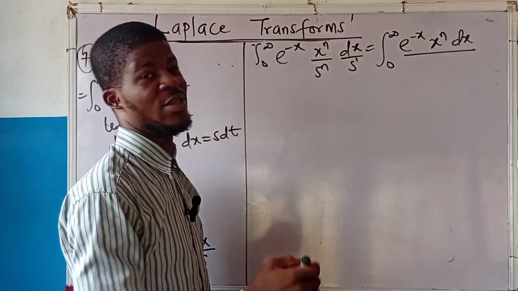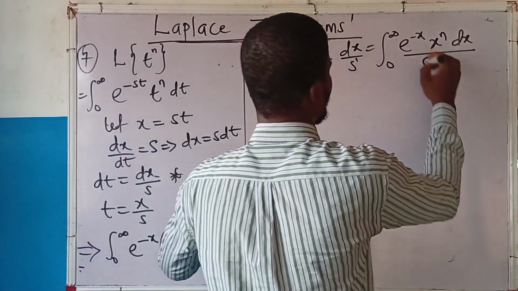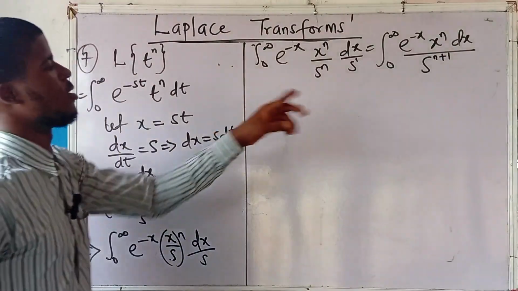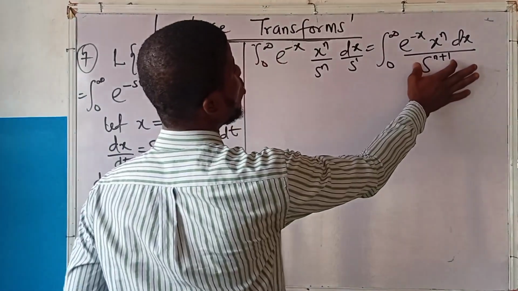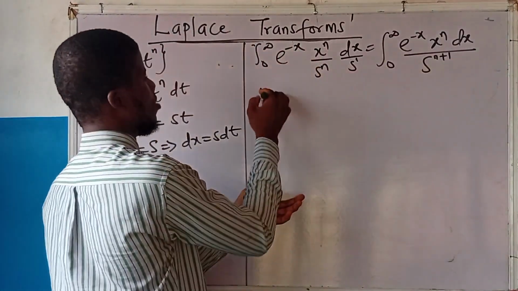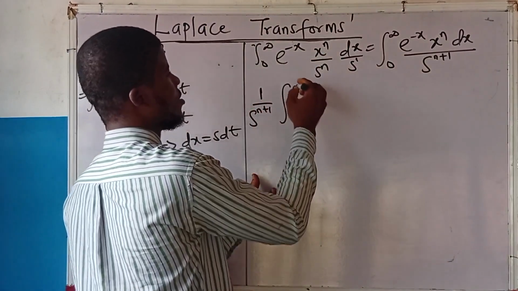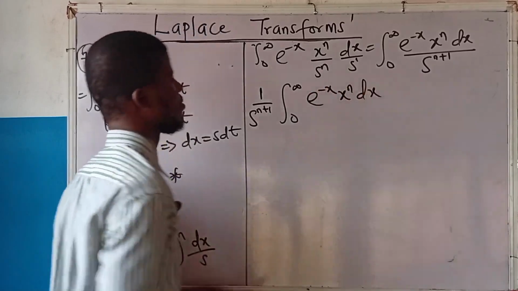They are the same base, so if you multiply them, it will be s to the power of n plus 1. You get it? So we said that s is assumed to be a constant. So I can bring this whole denominator outside as 1 over s to the n plus 1 into the integral from 0 to infinity of e to the minus x, x to the n dx.